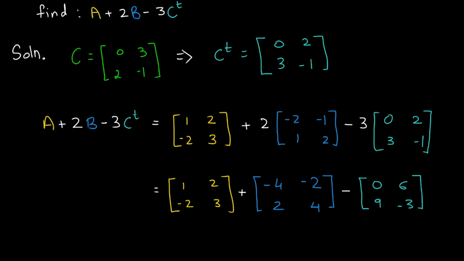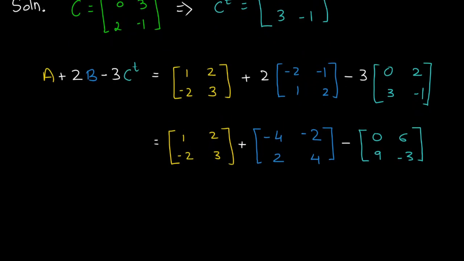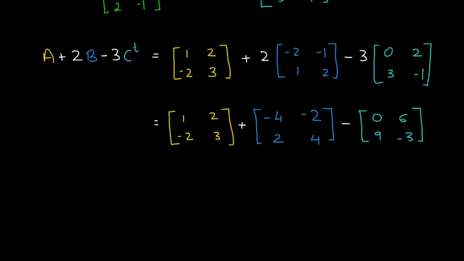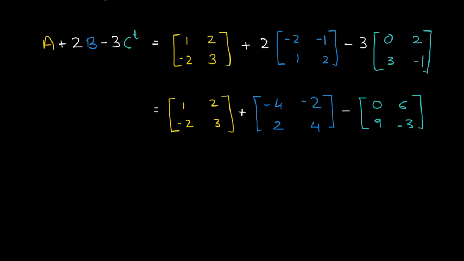So all the scalar multiplications are completed. Now all we are left with is the addition and subtraction of the matrices. Let's do that in one single step and consider all of the values under one single matrix. Remember, whenever we are adding and subtracting matrices, we add and subtract the corresponding elements.